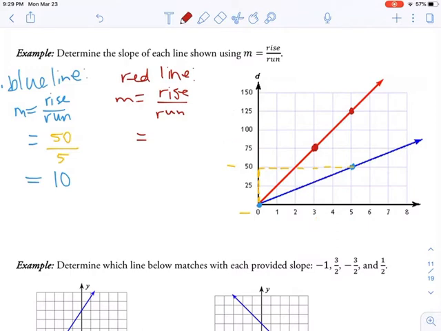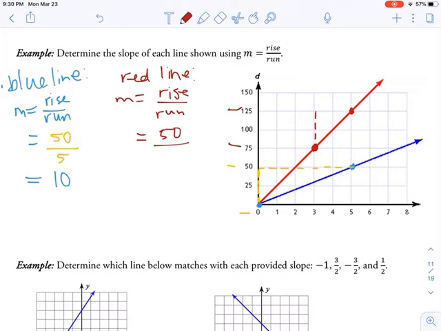Okay, so start here at the left point, okay, and I'm going to count to the level of the right point. Okay, so I can see that I went up again 2 squares, right? And again, I can see that I went from 75 to 125, so that's up 50. So I rose again 50.